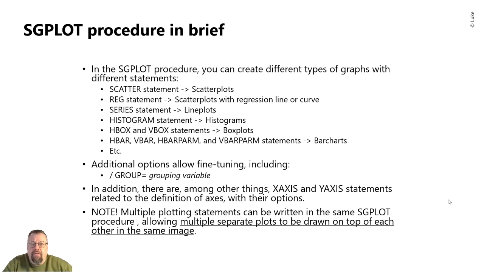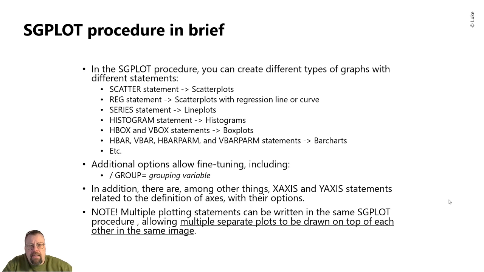The series statement can be used to produce line plots. Histogram for histograms, H-box or V-box for box plots, either horizontal or vertical. And then H-bar or V-bar, H-bar parm, V-bar parm for different types of bar charts.